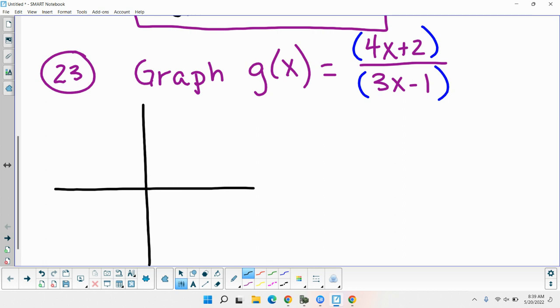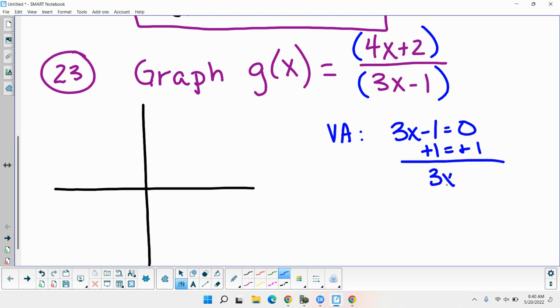Okay, so the vertical asymptote is what makes the denominator equal to 0. So we got to figure that out. Okay, since that 3 is in front of the x, I would suggest you write out the actual equation and do it. Okay, so you're going to add 1 to both sides, and then divide by 3.